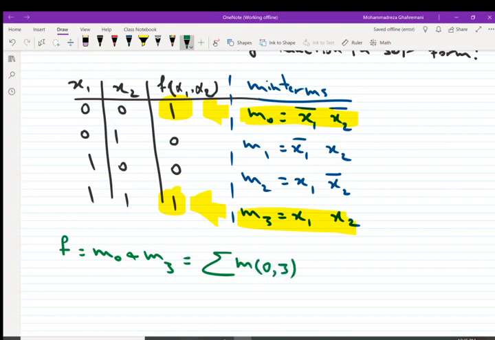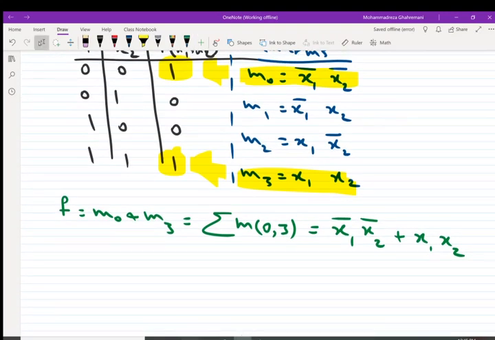We have this representation as well, which is equal to x1 bar, x2 bar plus x1, x2. So at this point we represented the function in the form of a sum of minterms. Okay, sum of the minterms.